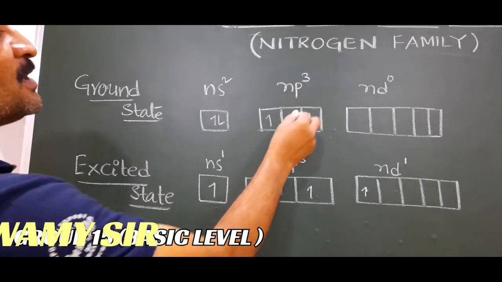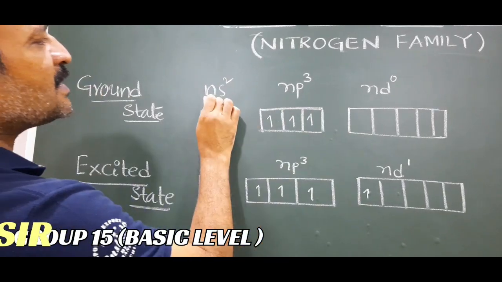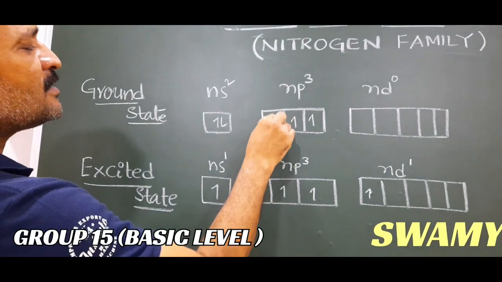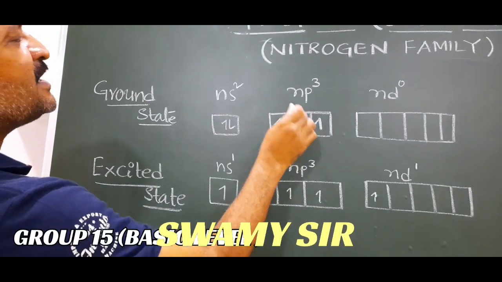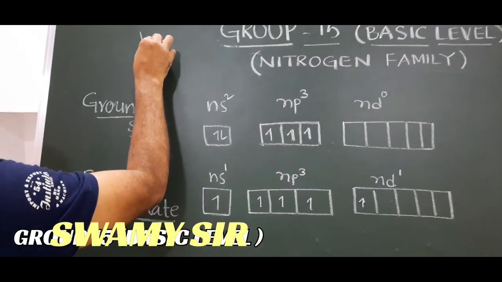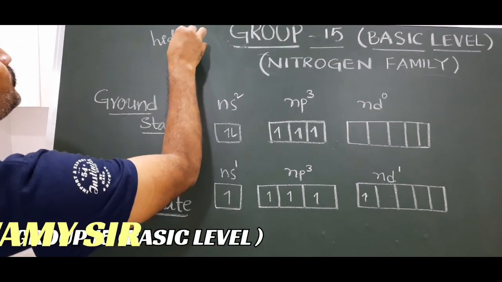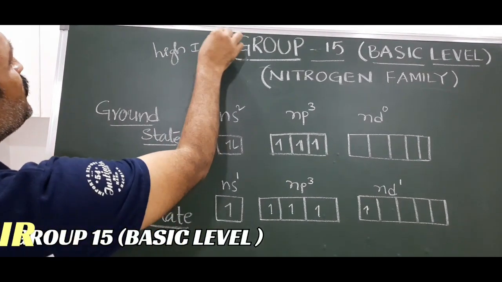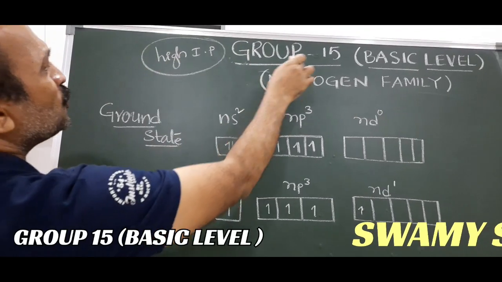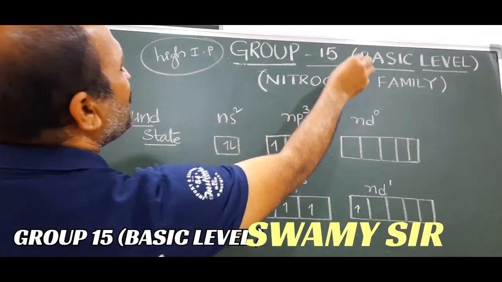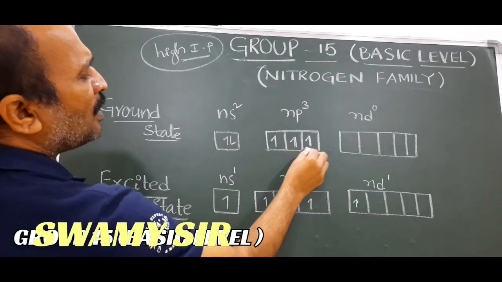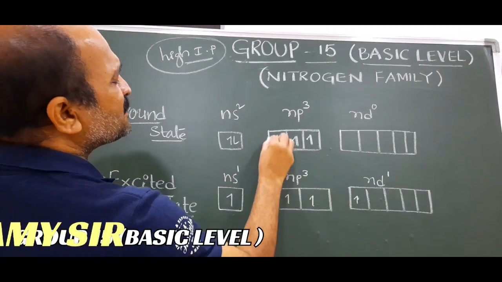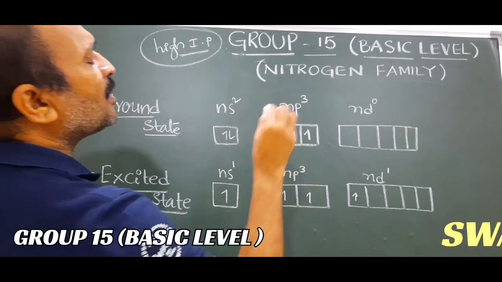Remember, the configuration is ns2 np3 in the ground state. All these elements have half-filled configuration, that's why it is stable and possesses high ionization potential. Group 15 or 5A elements have higher ionization potential due to the half-filled p orbital.